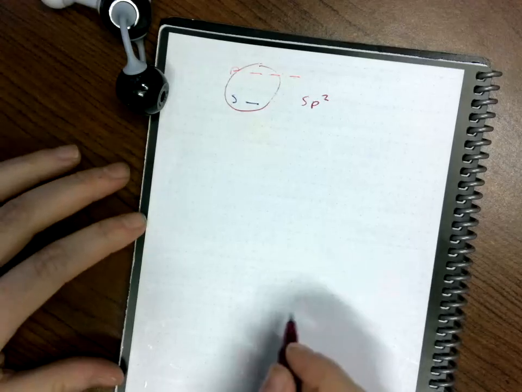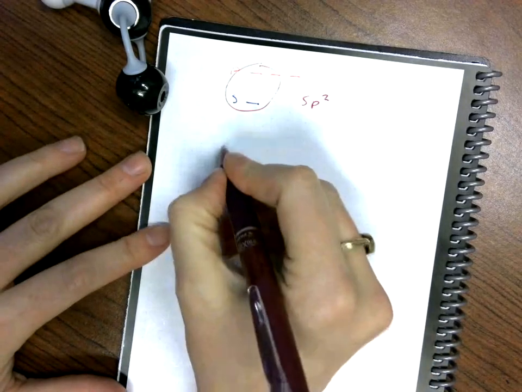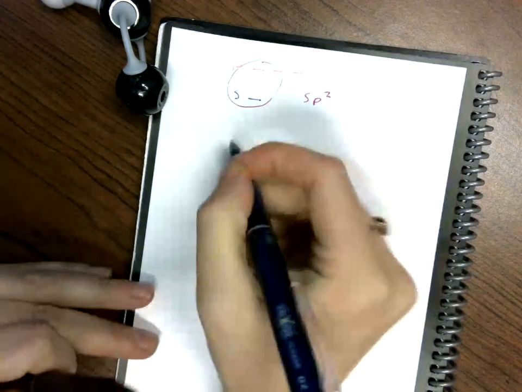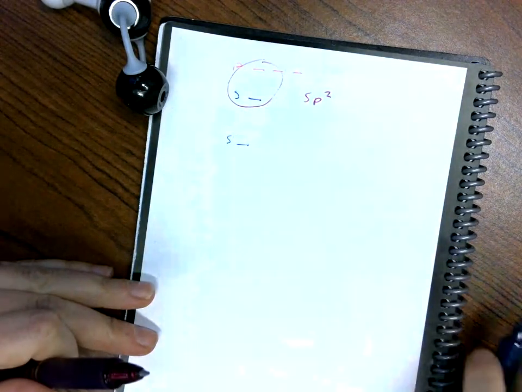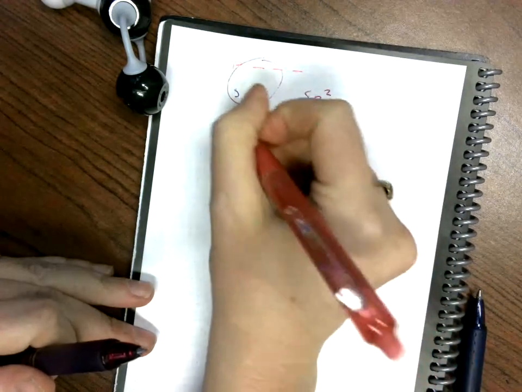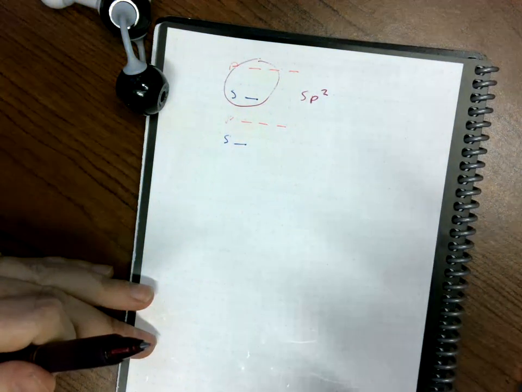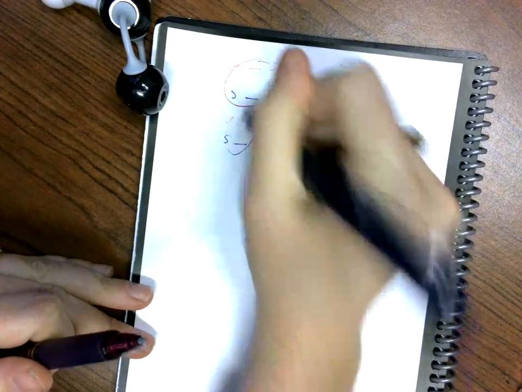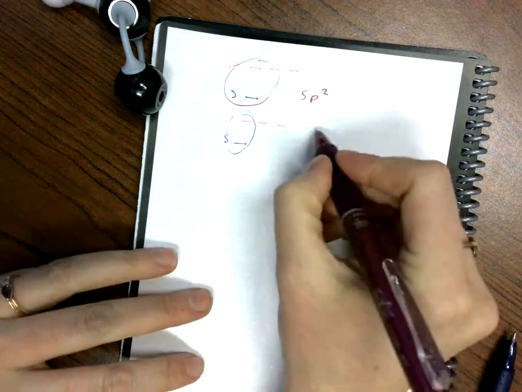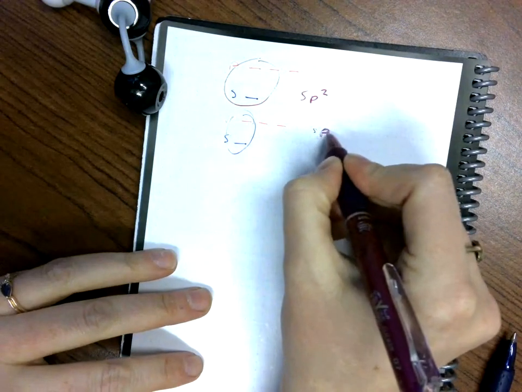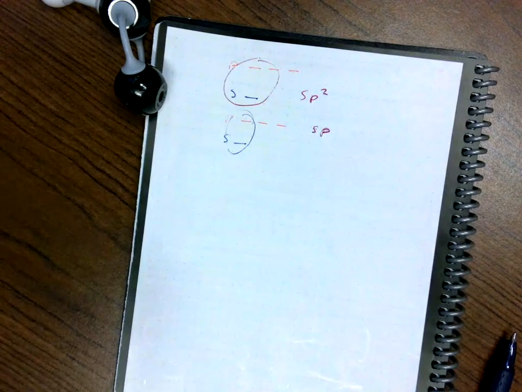And then if we have a carbon-carbon triple bond, there's only 2 sigma bonds, so we would only need 1s and 1p orbital. So that results in an sp hybrid molecule, or sp hybrid atom.